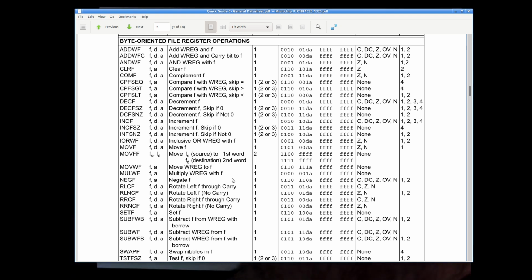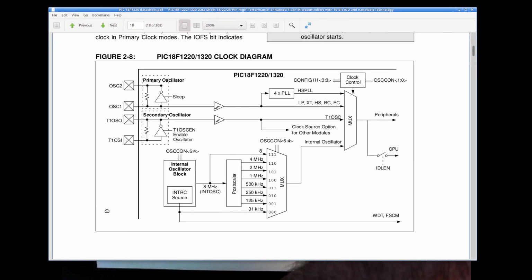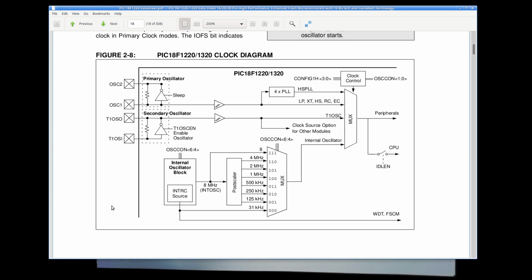So what is 1 cycle? What does that mean? Well, if you take a look at the oscillator subsystem in the PIC processor, there's an internal oscillator which generates this 8 megahertz signal, and then it can go through, this is basically a counter, like Engineering 250, a bunch of toggle flip-flops maybe, that divides this 8 megahertz signal either in half, a quarter, an eighth, a 16th, and so on.